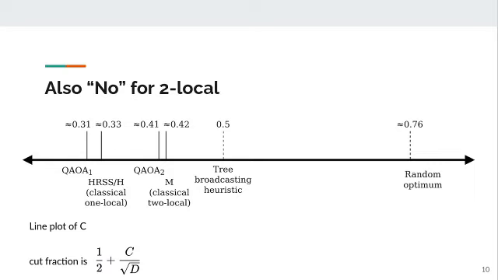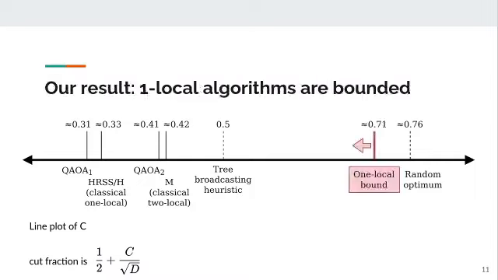So a question here is how well does a quantum algorithm do, but also how well do classical algorithms do? We have 2 results in this document. The first result is that all one local algorithms are bounded away from optimal. This is using a really cool new technique of random walks of correlations.